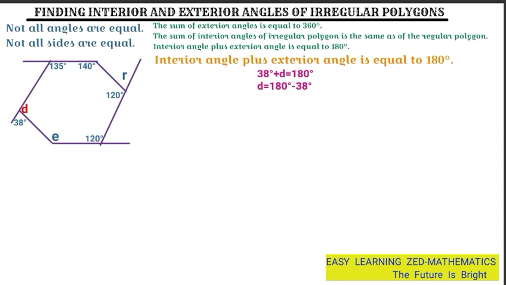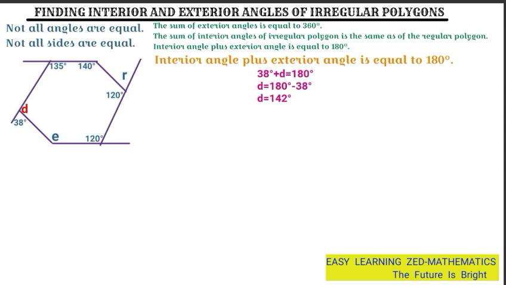Subtracting 38 from 180 gives me 142 degrees.